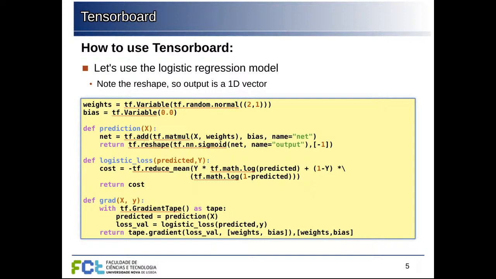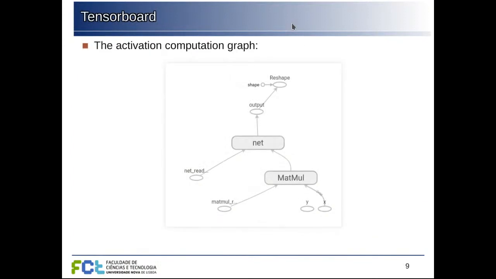So when we look at the graph that we have here, we have the matrix multiplication, then everything is added, and we called it net. So this was a default name that TensorFlow gave. This was the name we gave. Then the sigmoid activation we called output, and then we have the reshape operation there. And this is the computation graph that we have here for the prediction.